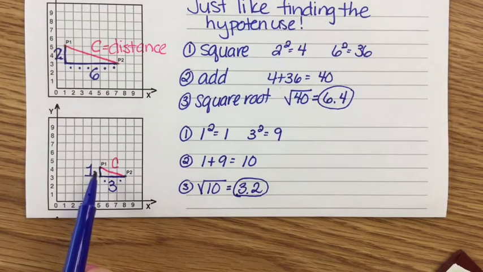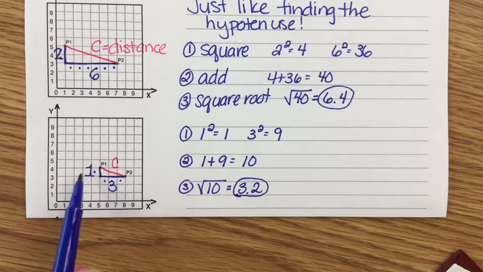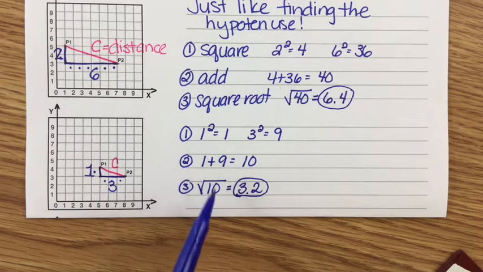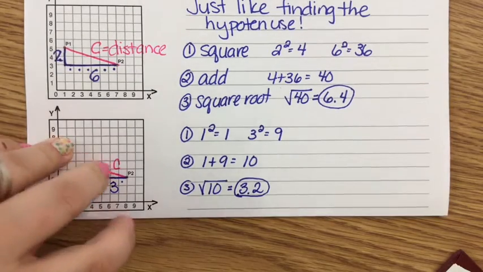Okay, so drew the triangle, count the sides, so we have our legs, square, add, square root. Exactly the same as finding the hypotenuse, which you all were very good at, so you'll be fine with this. Okay, let's flip to the other 2 problems.